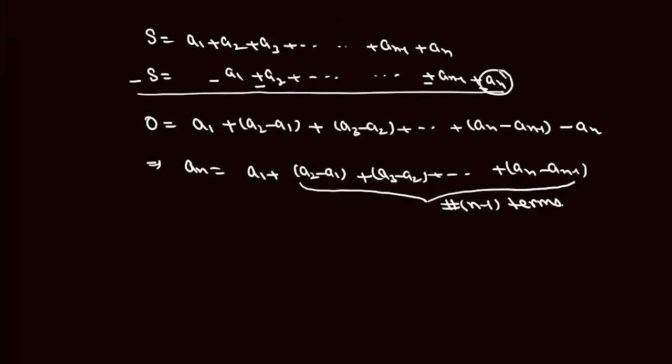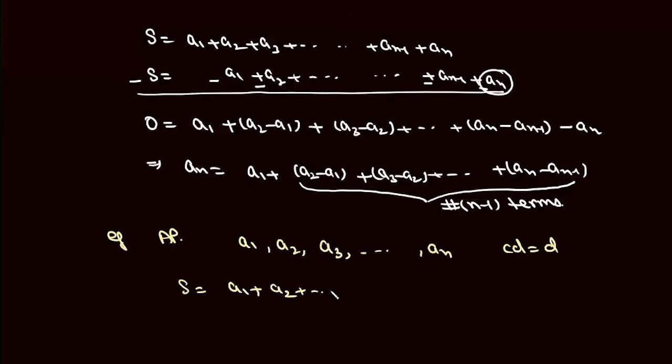And we can use it to find the nth term of an AP. Suppose we have an AP whose terms are A1, A2, A3, up to AN. Common difference is D. We can write this sum as A1 plus A2 plus up to AN.